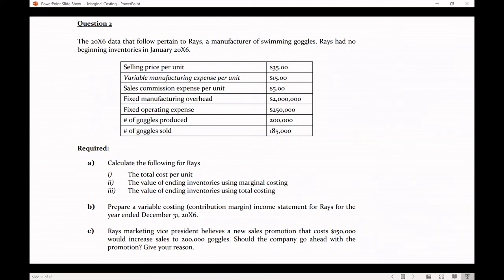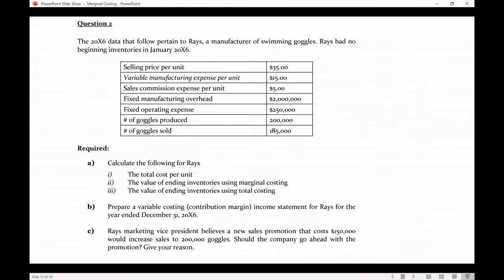So if you partake in this promotion, if you do a little bit more ads or have people going on the street to give out pamphlets or whatever the marketing tactic is, it's going to cost you $150,000. And in doing so, your sales would increase to 200,000 goggles. Your sales was previously 185,000.